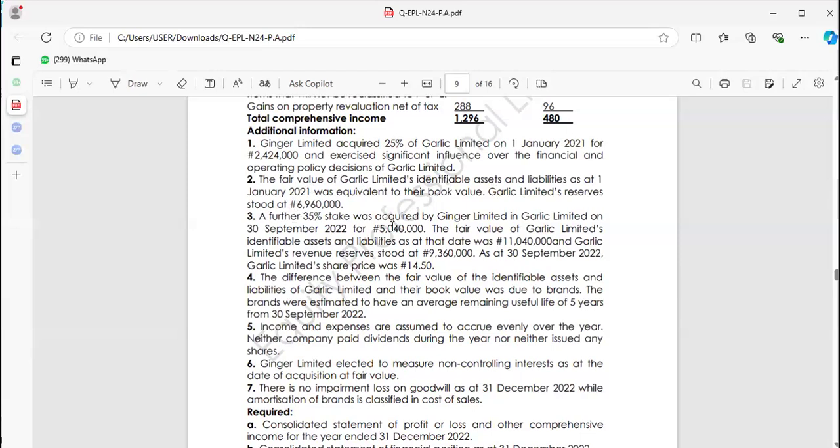A further 30% stake was acquired by Ginger in Garlic Limited, when the fair value of Garlic's identifiable net assets was this. Let's look for the fair value of the previous investment. What is the fair value of the previous investment? Or do you want me to use it at cost? It must give me, unless.